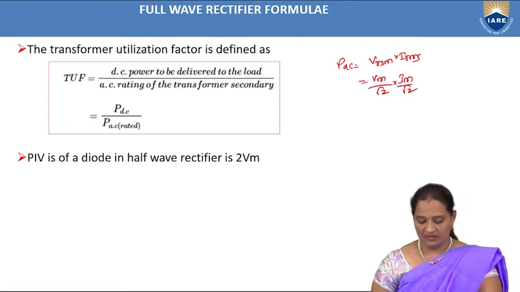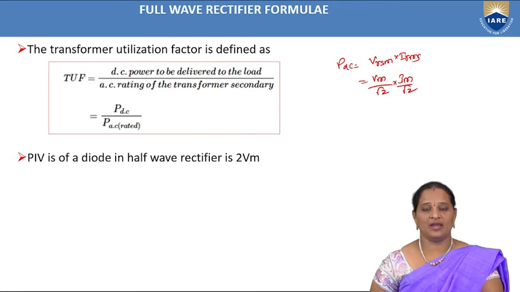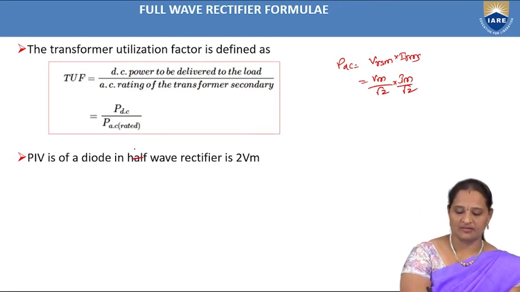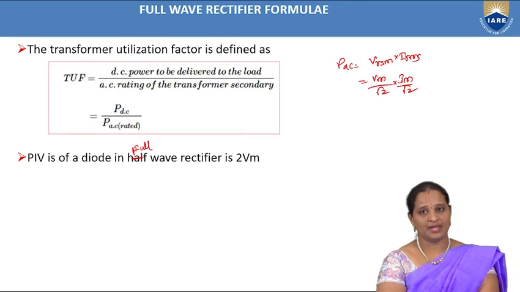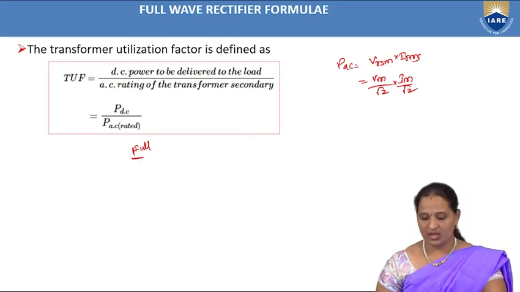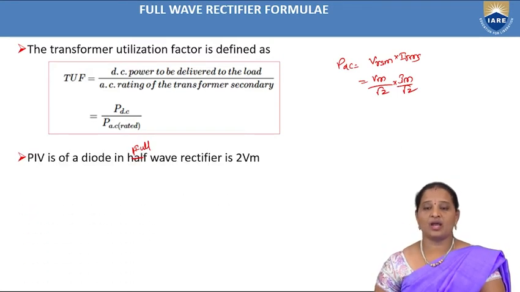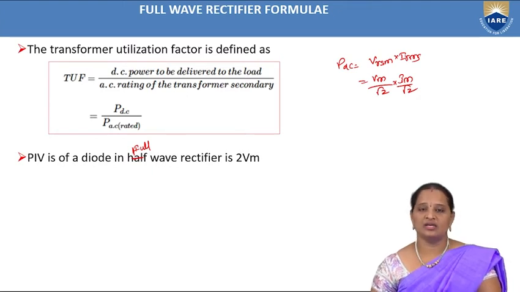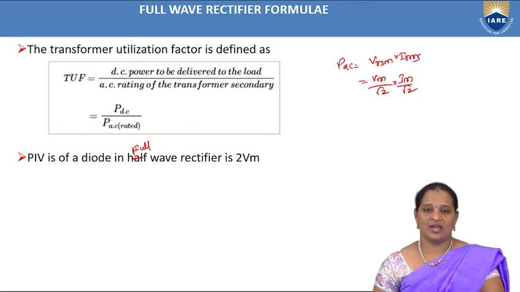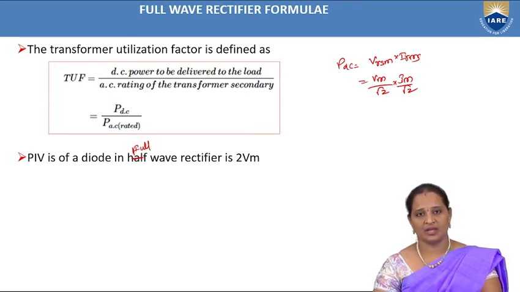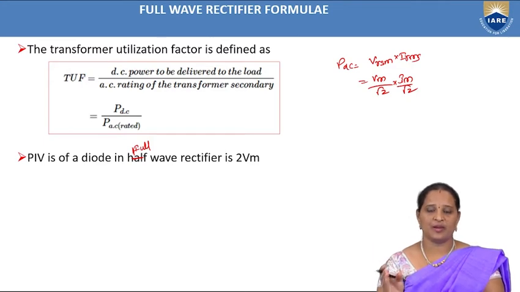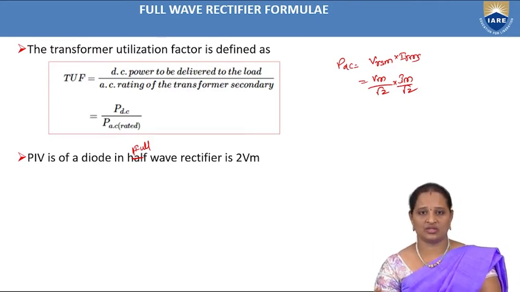Next, the peak inverse voltage of the diode in a full wave rectifier is 2 Vm, because we have two diodes connected to the secondary winding. In either case, any one diode is on, and hence there will be current flowing through the load resistor, which leads to a maximum voltage drop across the load resistor.